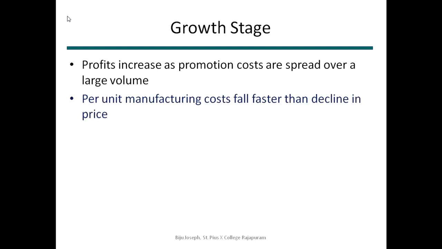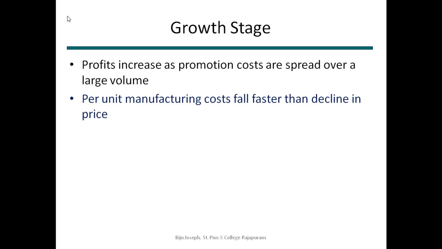Per unit manufacturing costs fall faster than decline in price. As a result of decrease in manufacturing cost, you are able to produce products at a lower cost because you may have experience in the manufacturing of the product, and your promotion cost per unit also might have come down.